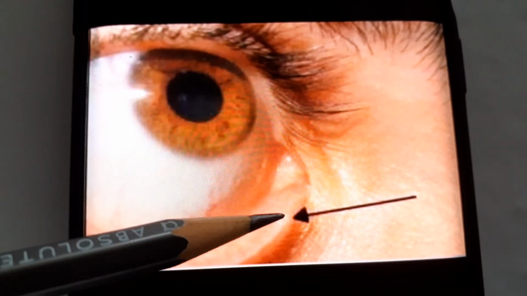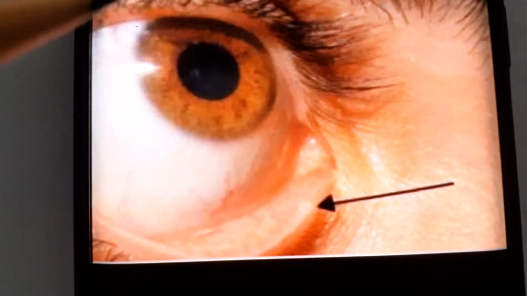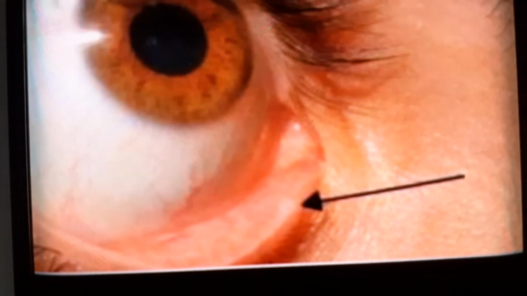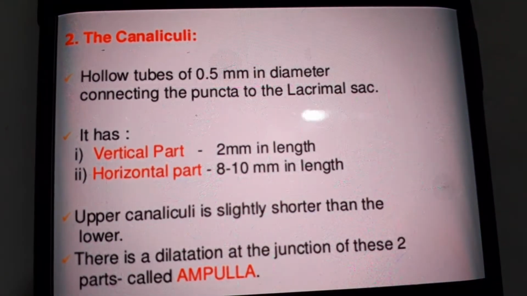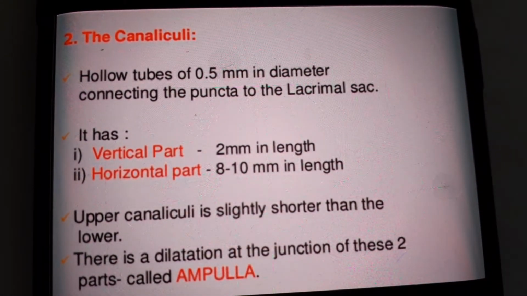In this you can see the puncta. Next. After the conjunctival sac, we have finished the lacrimal gland and the conjunctival sac.